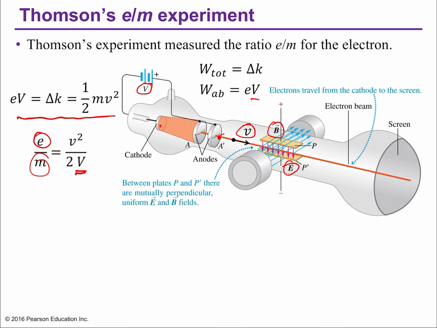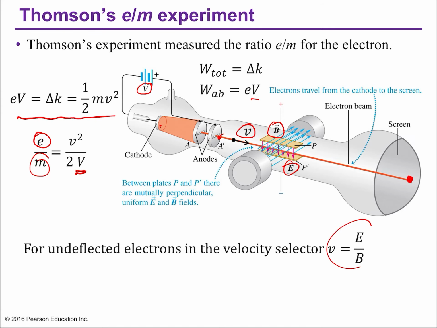We can do that by observing a bright dot that appears on the screen, and by adjusting B and E we can make that bright dot be exactly at the center of the screen. Center of the screen means those are particles that are undeflected, and therefore must have the value of their speed equal to E over B.